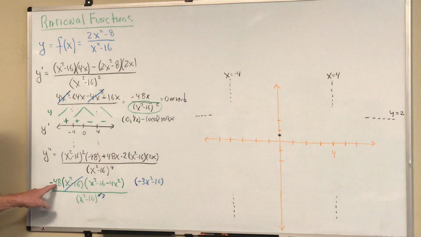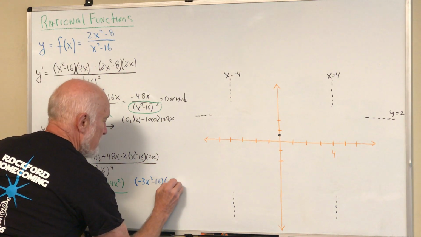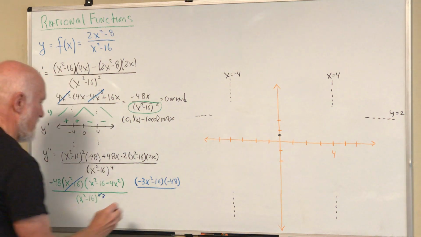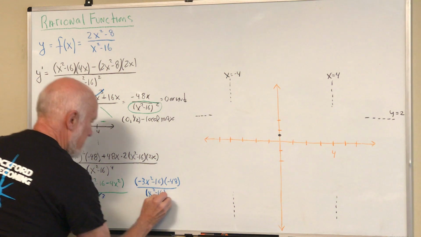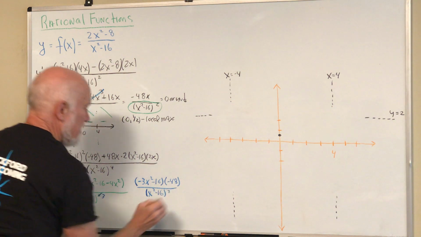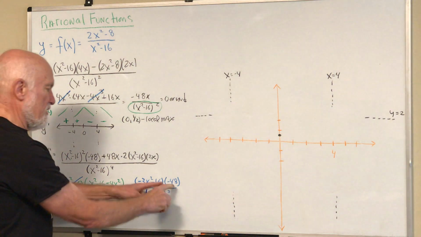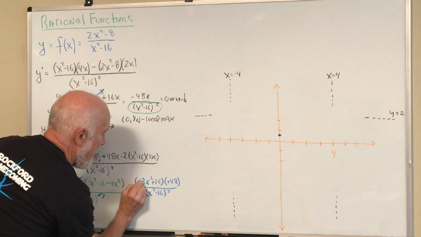And I'm multiplying that times a negative 48, and I'm dividing by x squared minus 16 to the 3rd power. Well, with all those minuses in there, I can distribute through that a minus sign and make everything positive.